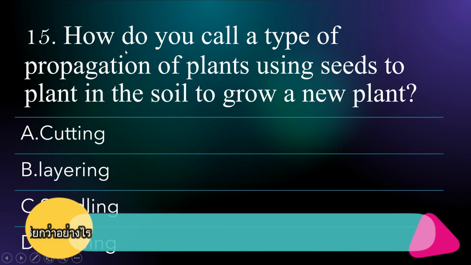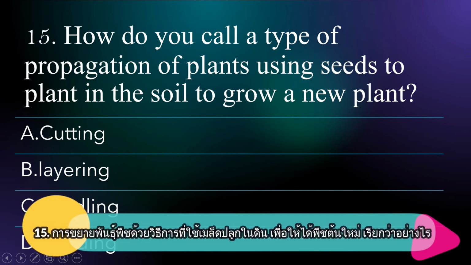Number 15. How do you call a type of propagation of plants? This is methods of propagation. Last time I discussed 6 methods of propagating plants. How do you call a type of propagation of plants using seeds to plant in the soil to grow a new plant?